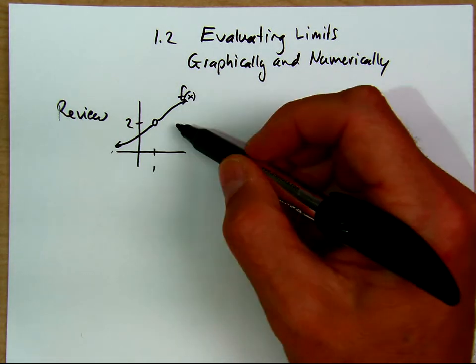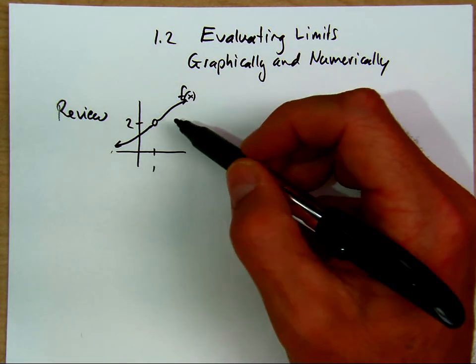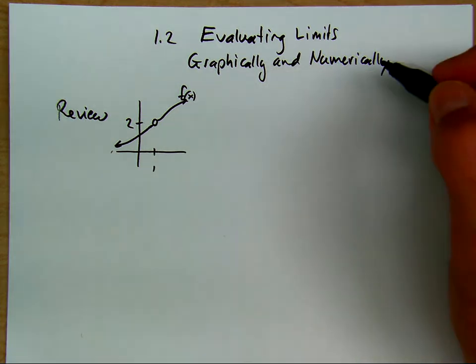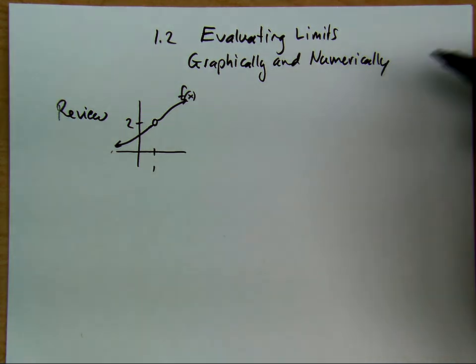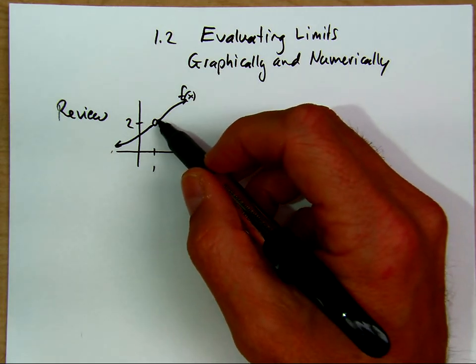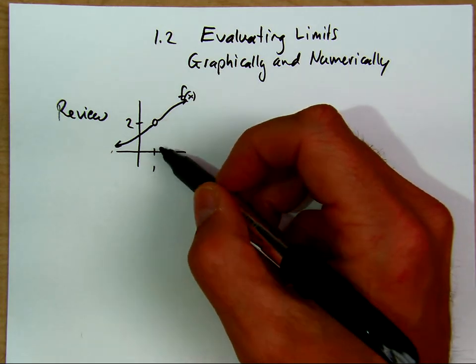So when we look at this graph, there's a point missing at 1, 2, and we should think about things like what's the closest point on the line to the missing point.